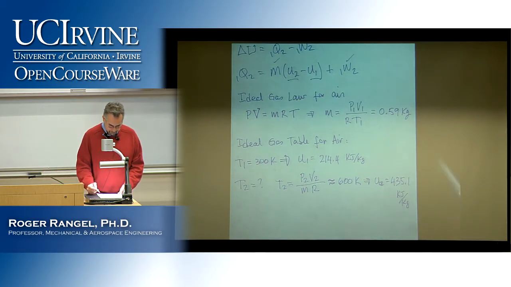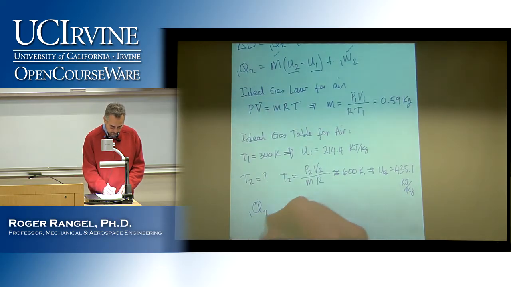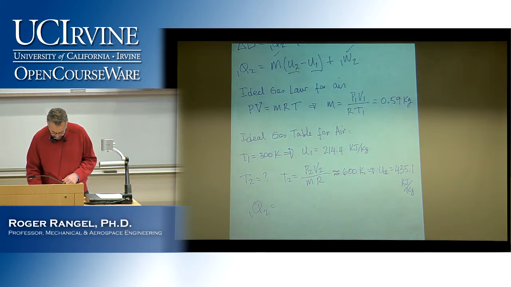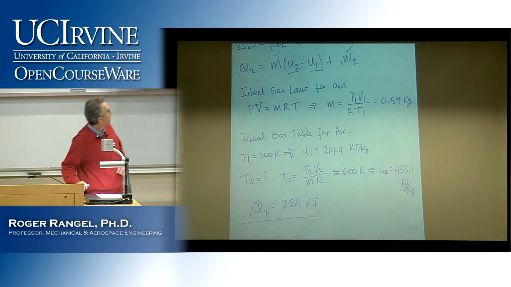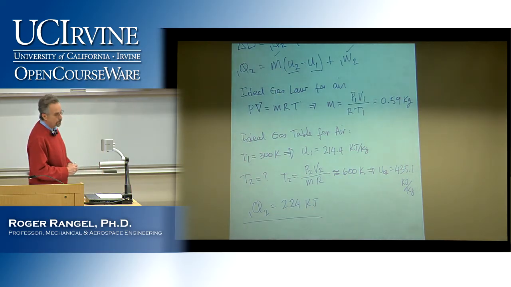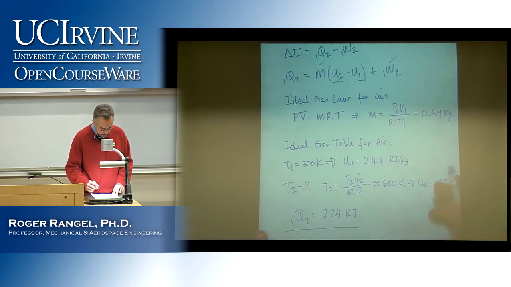I got the U1, the U2, everything, so I can find Q12. And if you do it this way, you get 224 kilojoules. What's the other way to do this problem? So let's call this method 1.